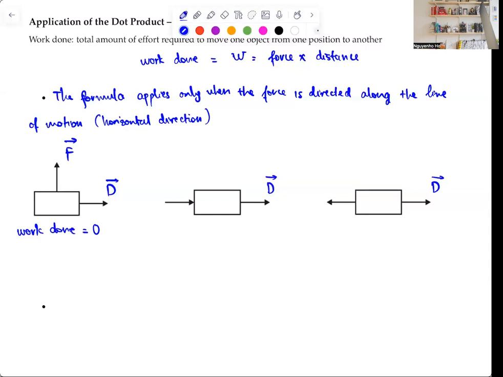Now, in the second case, I'm pushing the object, right? So I'm right here, this is my object. I'm pushing it in the horizontal direction, right? Because I'm going with the line of motion, therefore the work done here is going to be positive. You okay with that?